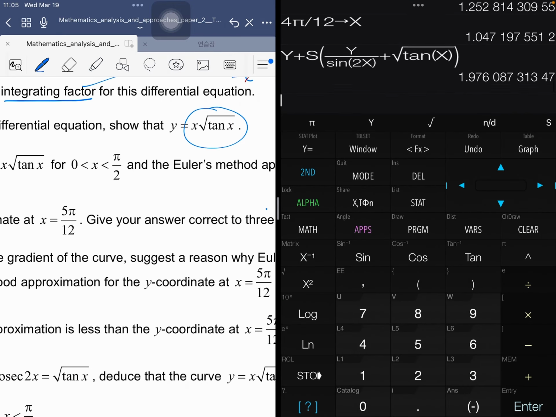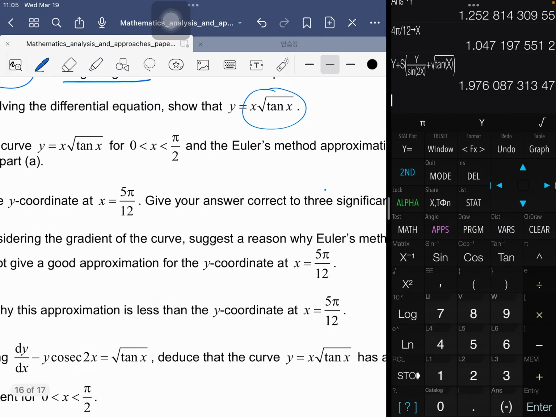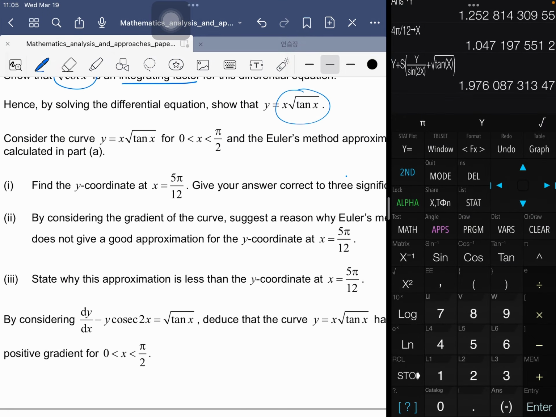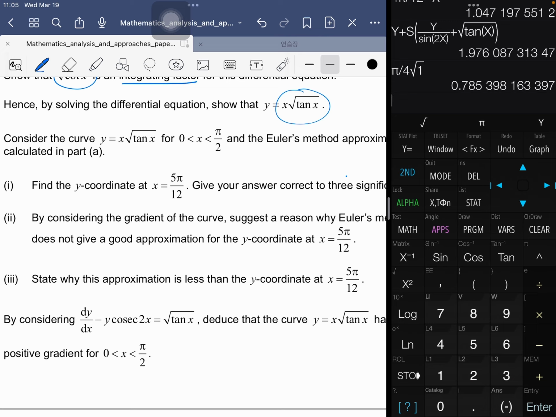When x is, let's say, pi over 4, pi over 4 times the square root of tangent of pi over 4, that's 1, right? So this value is 0.785.